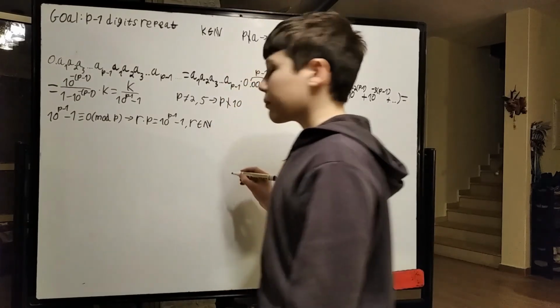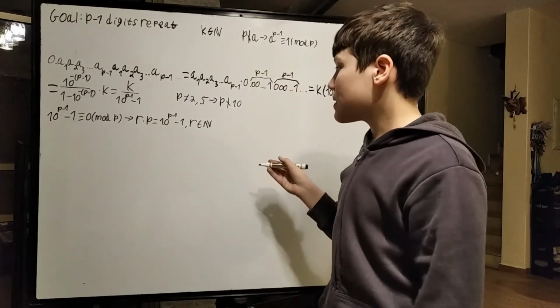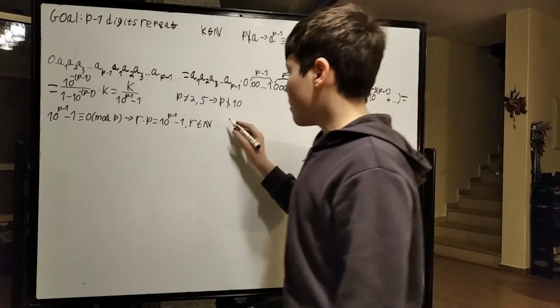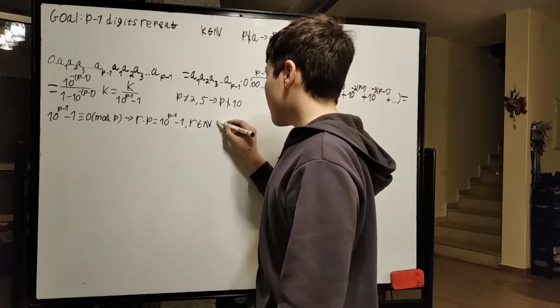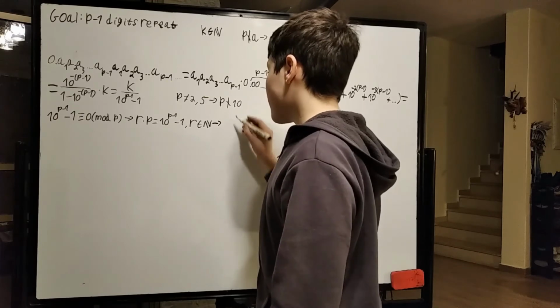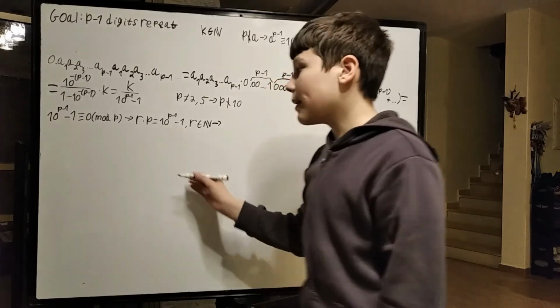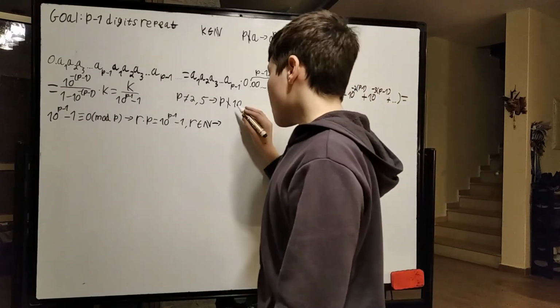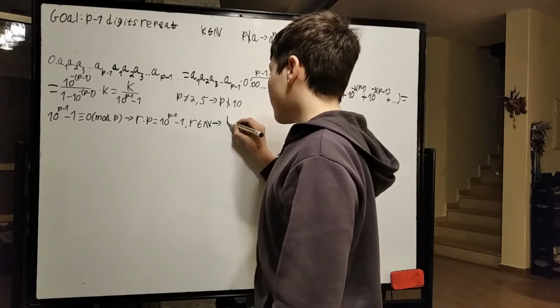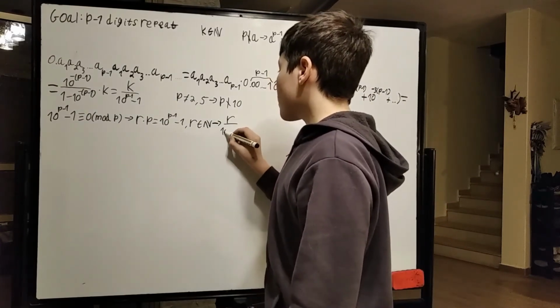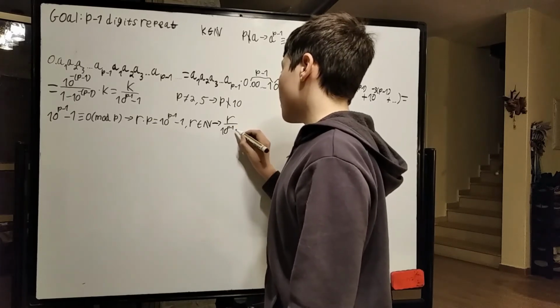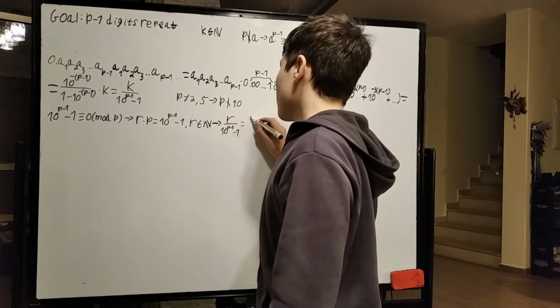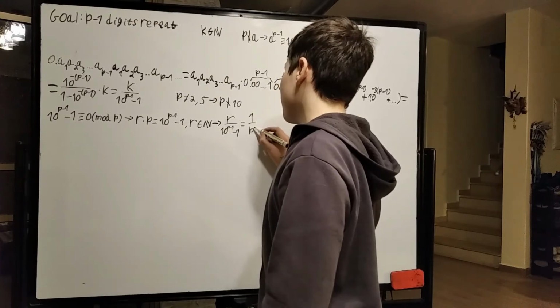Okay, now let's see. We can say that, just by dividing by p and 10 to the p minus 1 minus 1, we have r over 10 to the p minus 1 minus 1 is equal to 1 over p.